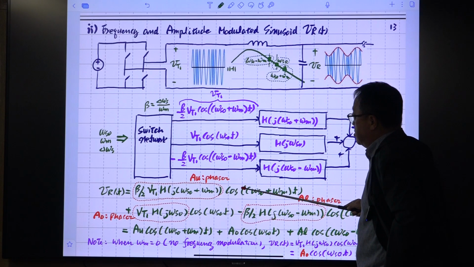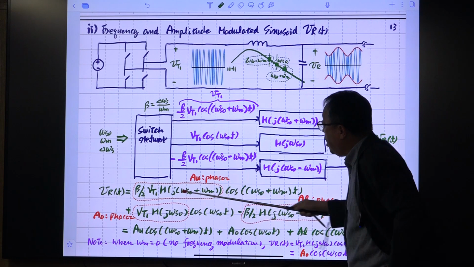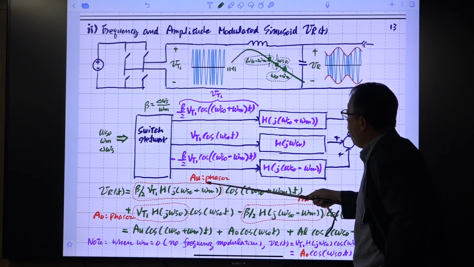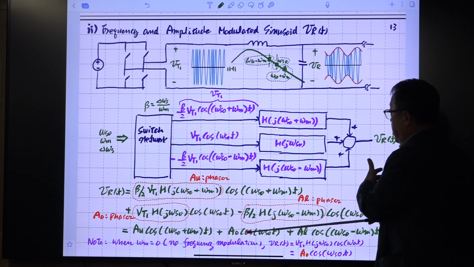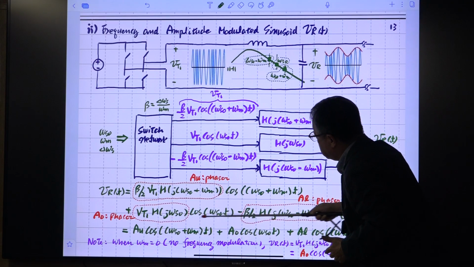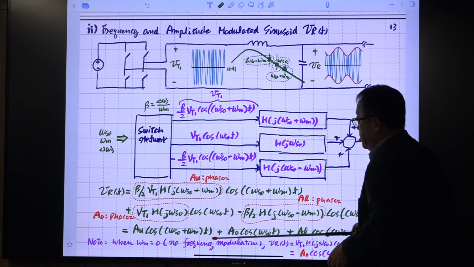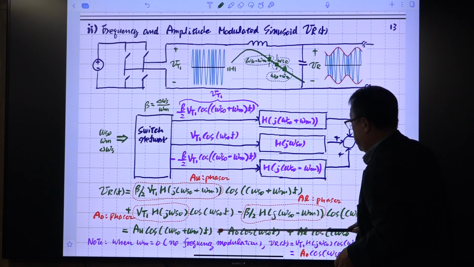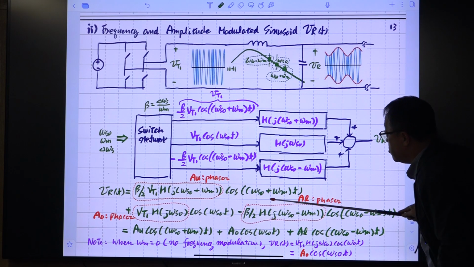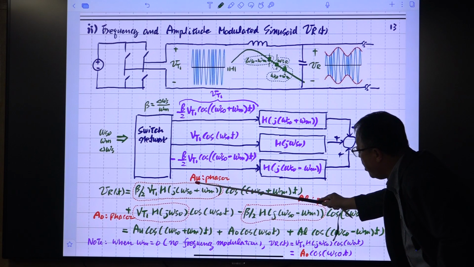So replace this with AU. Maybe A means amplitude, U means upper sideband, and this one is the carrier frequency, and this one is the lower sideband, something like that. So this is the notation of phasor.